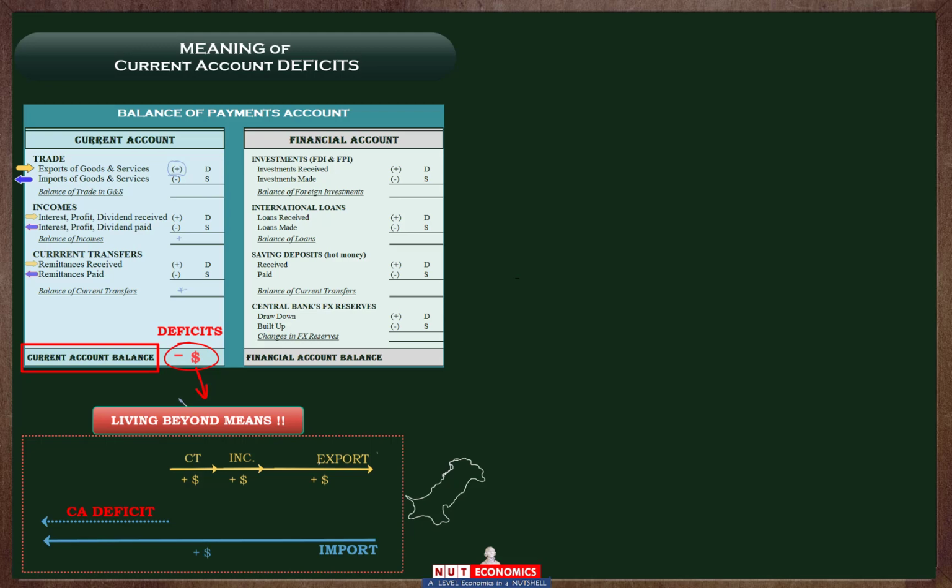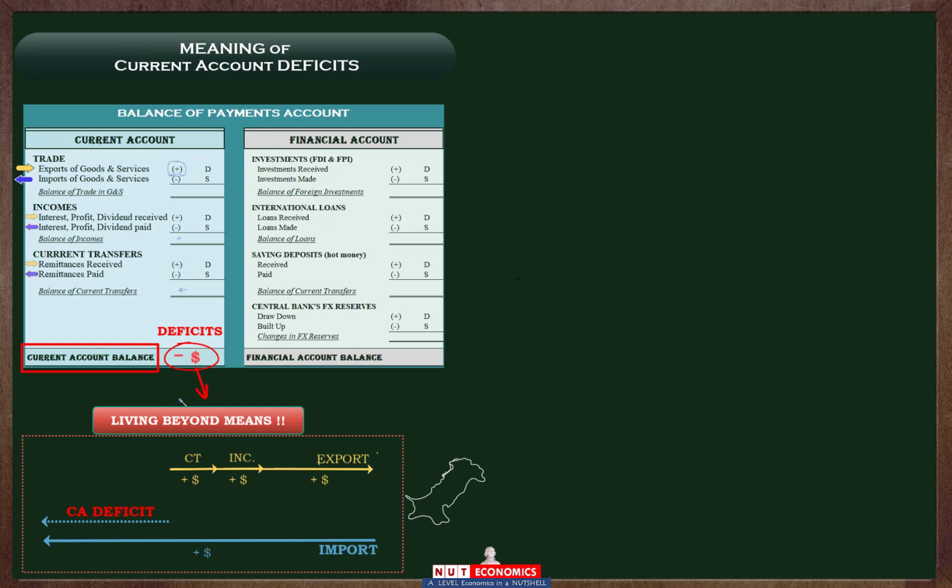So that's the first thing, and that's a very useful start, a very good way of thinking about a current account deficit before we go into all of the detail of what the root causes of these current account deficits are and what their consequences are and so on.